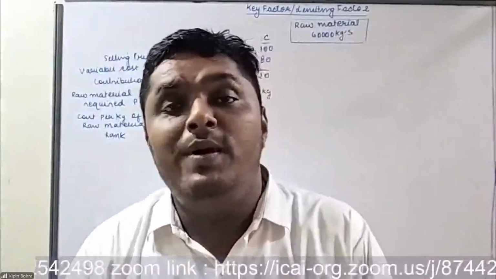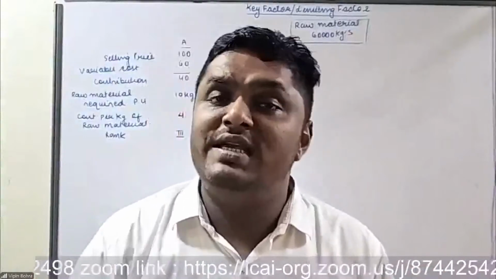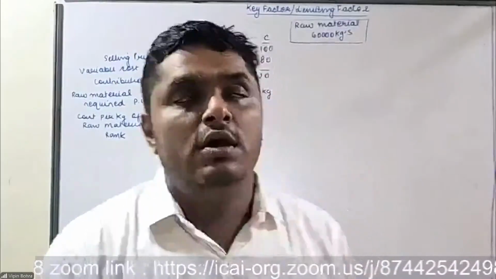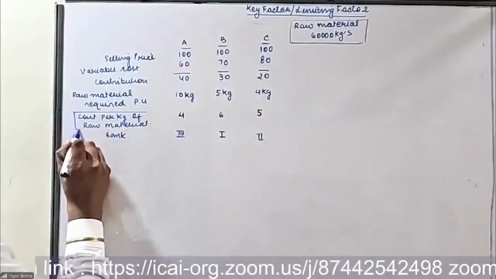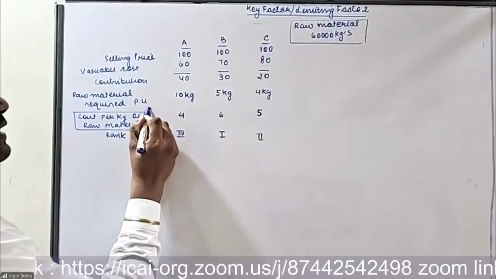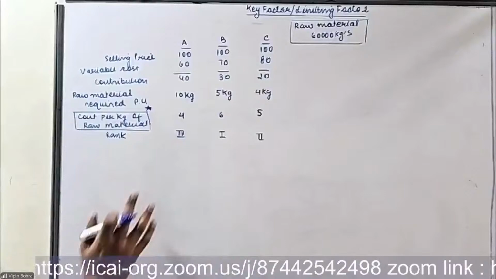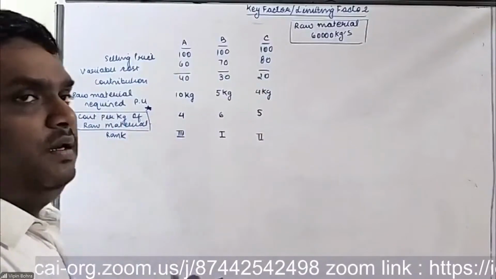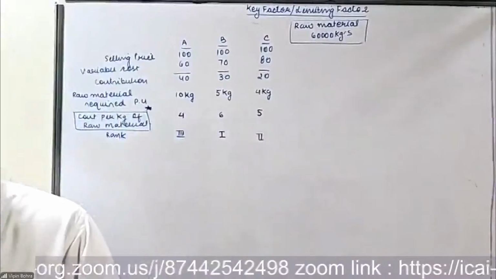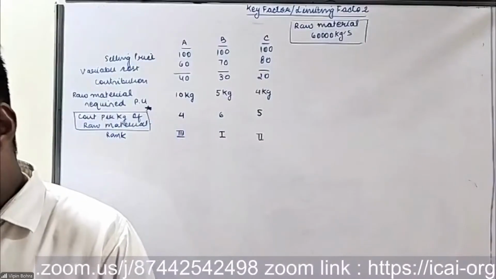That is how much we are earning after utilizing every kg of raw material. So here we have calculated contribution per kg of raw material. This part is the key. So my entire decision will be based on contribution per kg of raw material. If you guys have any doubts till now, please post your queries.